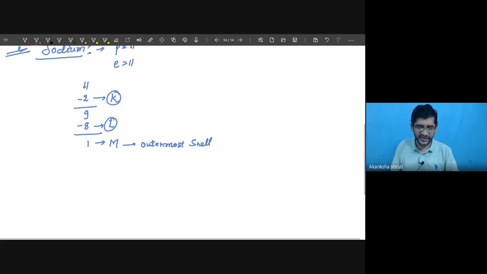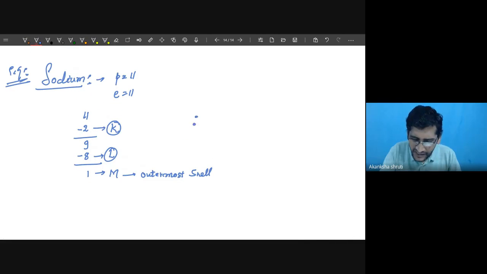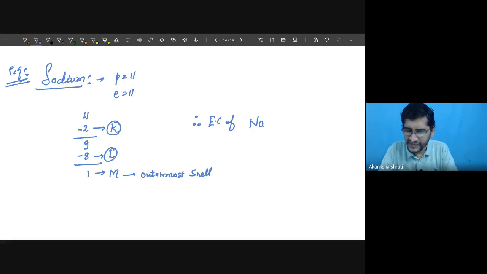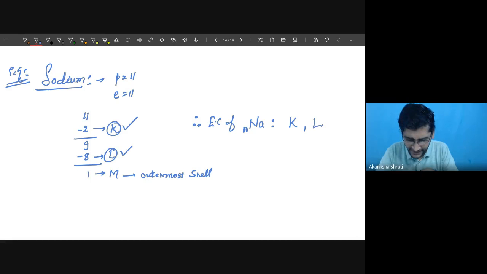Okay, it is like this one. Therefore, the electronic configuration of sodium, Na, with atomic number 11, which is written on the backside, is given by this. First you have to write the shell names K, L and M. K contains some electrons, L also contains some electrons, and M also contains some electrons.